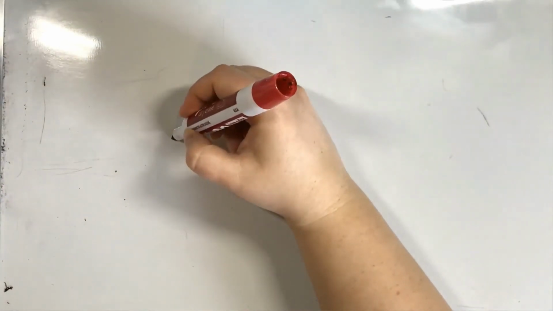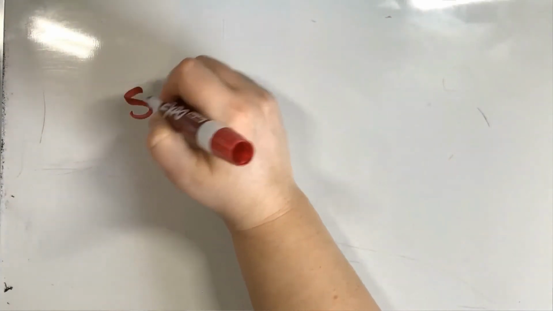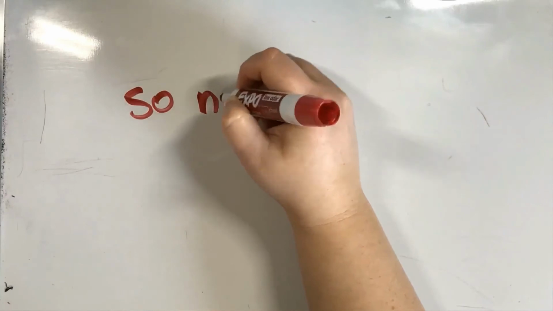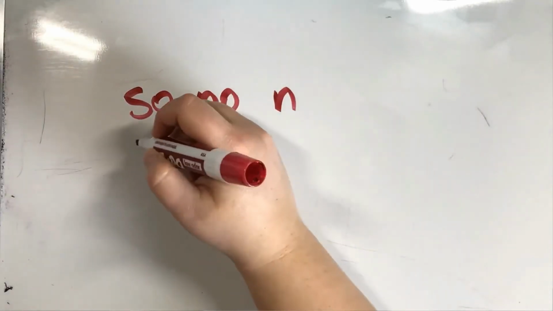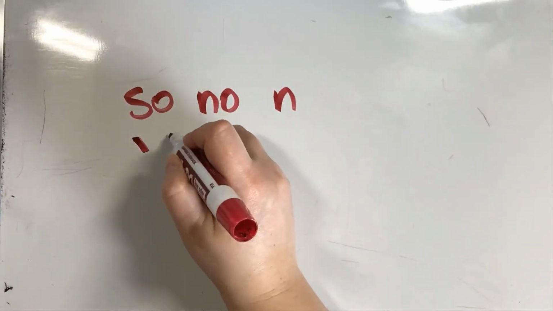So I'll show you why they look so similar to one another. So we're going to start with so, then no, and then n. So we had a small tick like this, and then we went from the top to the bottom and flicked out.